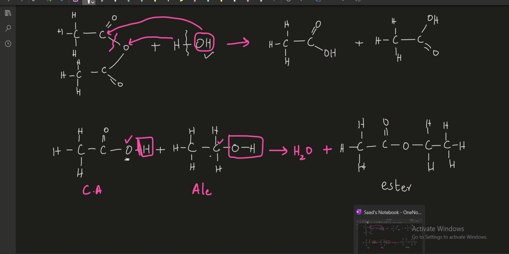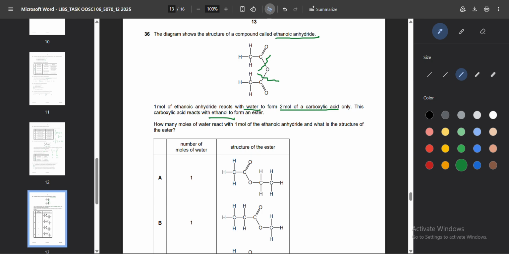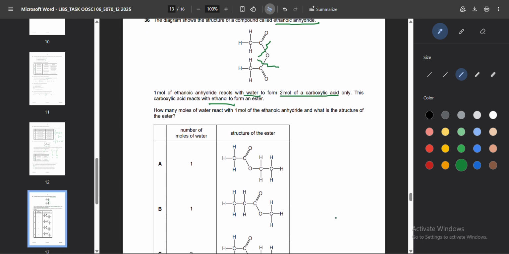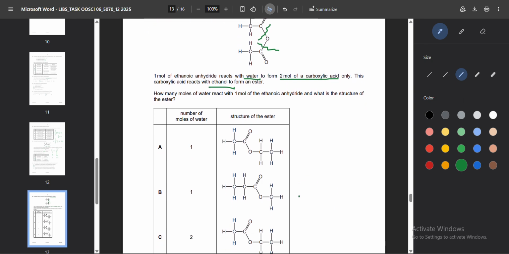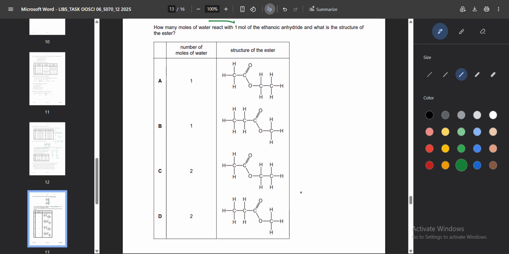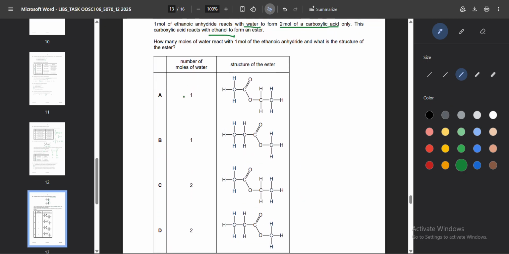So let's move back. Which is the correct option? Number of moles of water: how many water molecules were there? 1. And the structure of ester, that was the ester that I made. I made this linkage, the bond between carbon and oxygen.